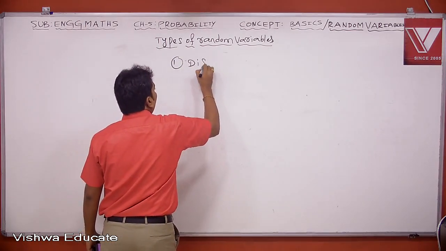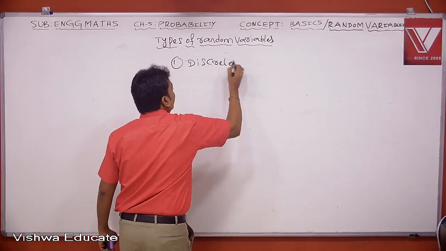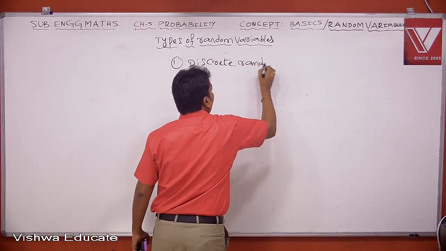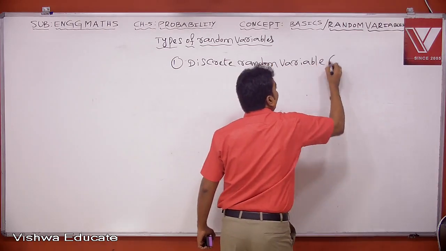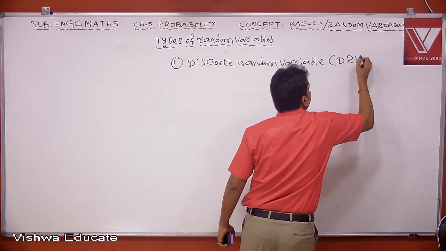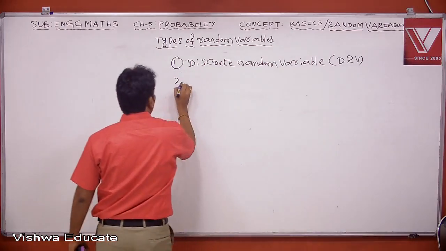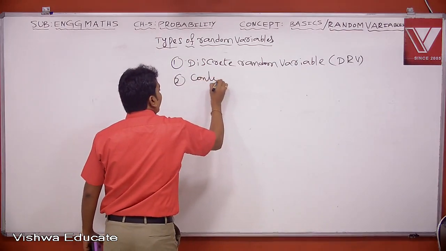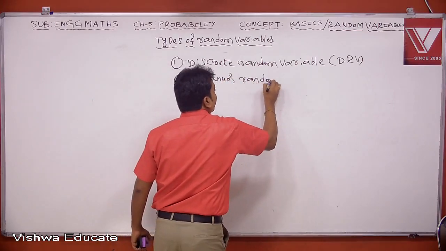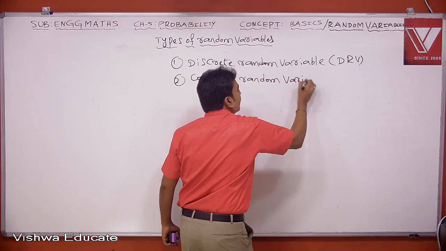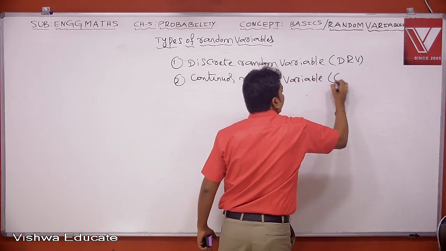In that case, that random variable is called a discrete random variable. So we have two types of random variables. One is discrete random variable, shortly we write it as DRV. And the second is continuous random variable, which we frequently write as CRV.